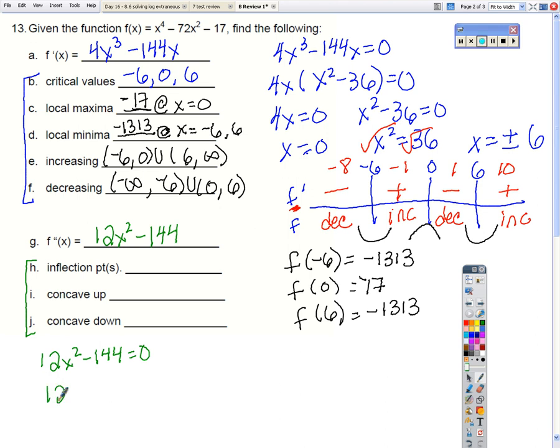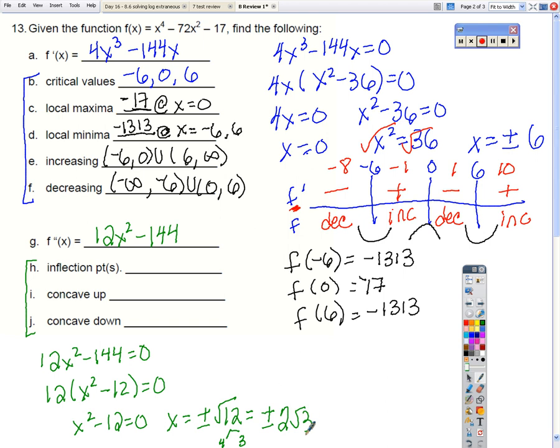So I can factor out a 12. Set my factor equal to 0. And when I square root, I get plus or minus root 12, which 12 is 4 times 3, so that is plus or minus 2 root 3.